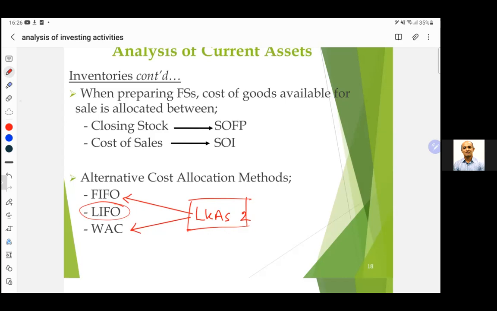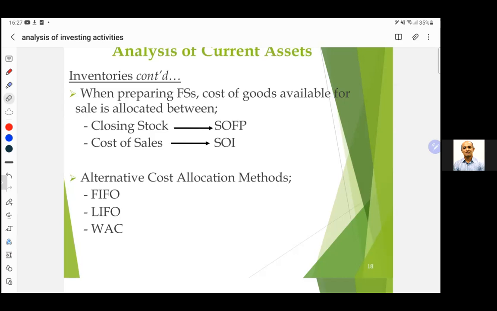Now using this cost allocation method, which you have studied in your A levels, maybe in your second year under cost management accounting, you are going to see logically what happens in this method.